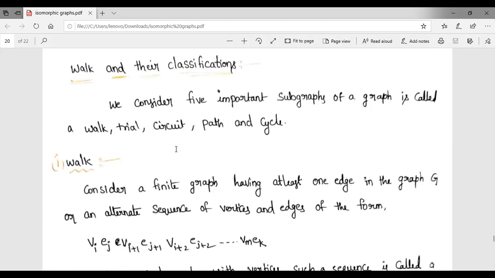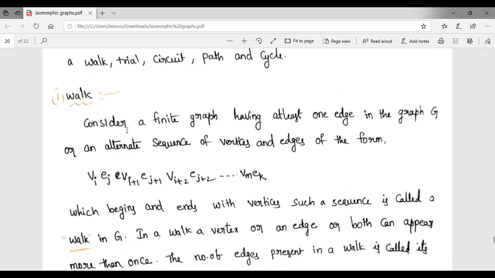First one, walk. Consider a finite graph, meaning the number of vertices is finite, having at least one edge, which means it has more than one vertex.